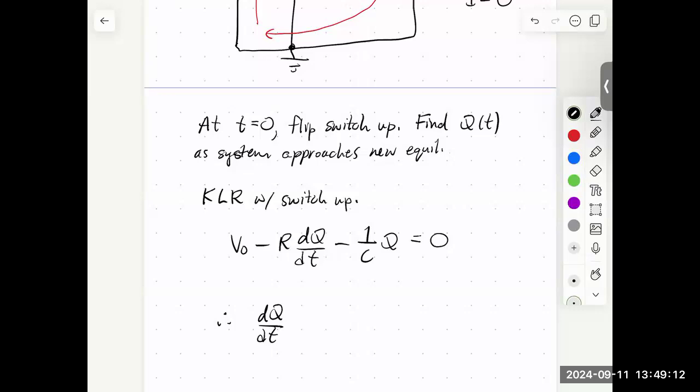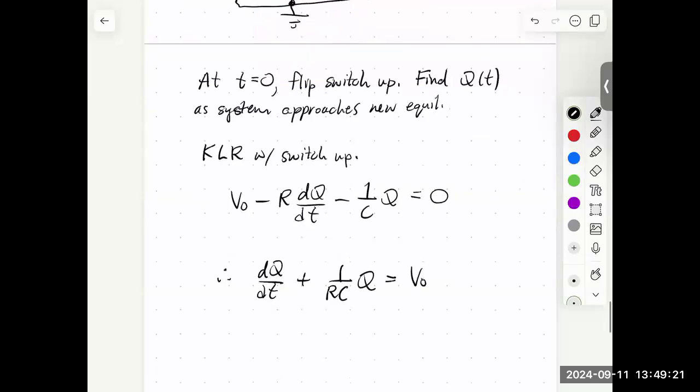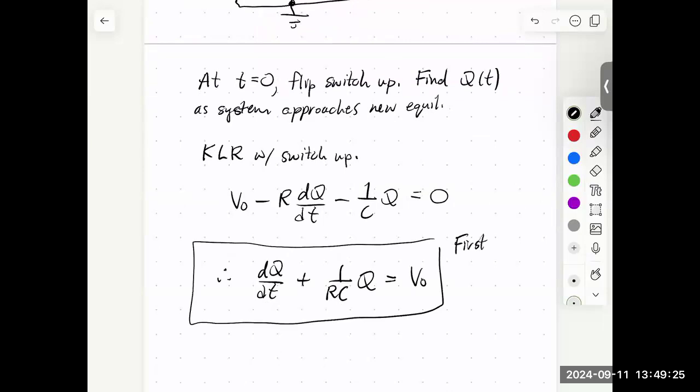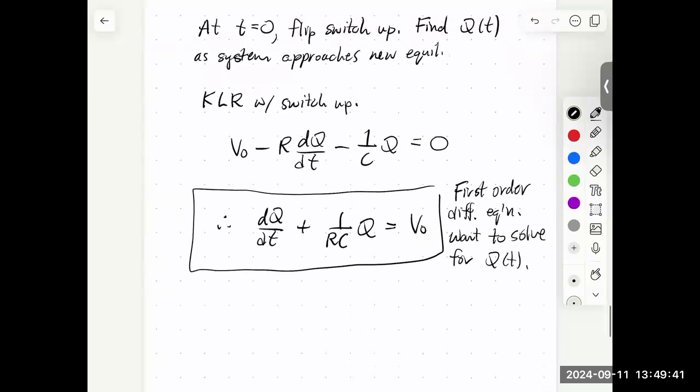So I divide by R, then I get dQ/dt plus 1 over RC times Q is equal to V naught over R. And so this is a first order differential equation. We want to solve for Q of t. You don't put R under the V naught, right? Yes, I do. Thank you very much. You're right.